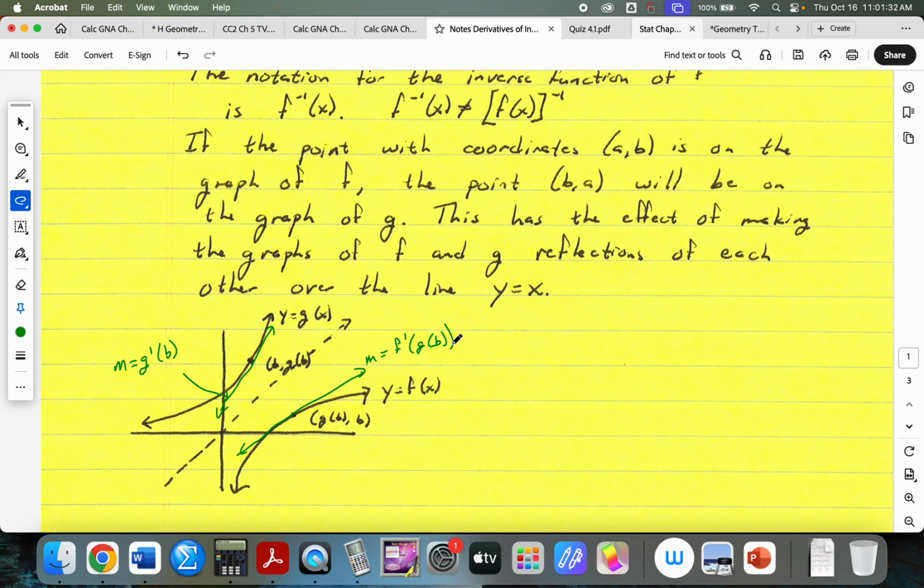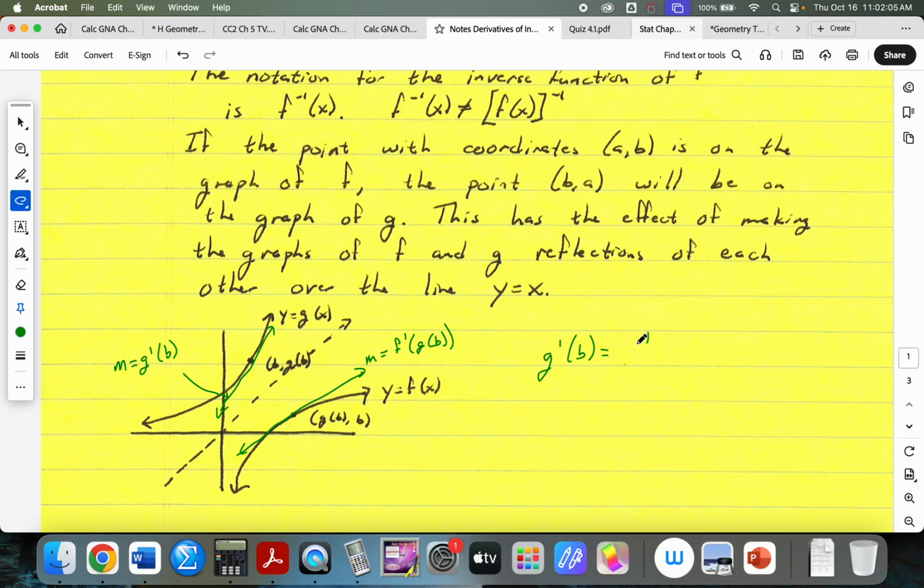Now, since those two are reflections across the line y equals x, we can think about reversing the x's and the y's. When you do slope, it's the change in y over the change in x. So that means that g prime at b is equal to the reciprocal of the slope for this line.